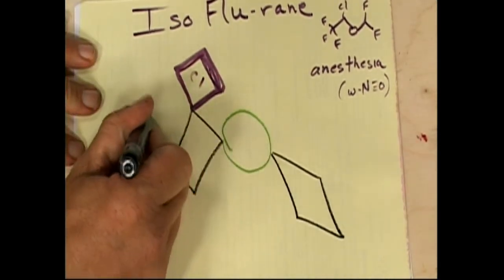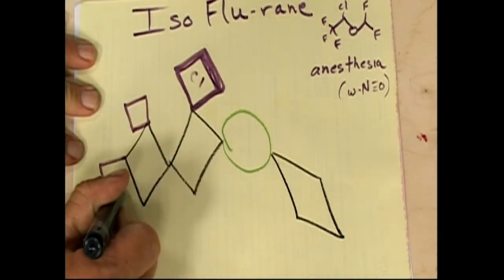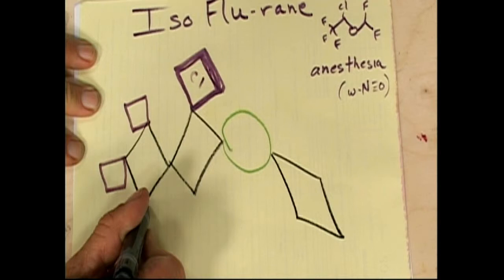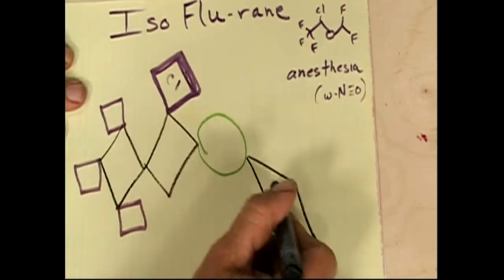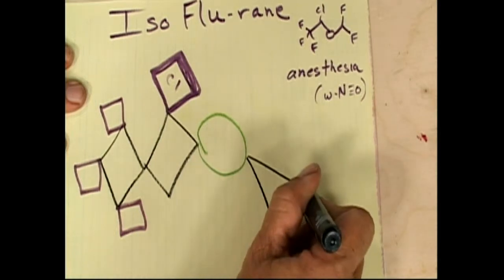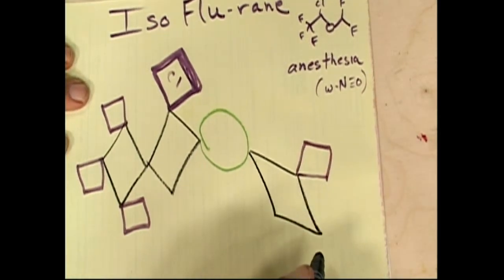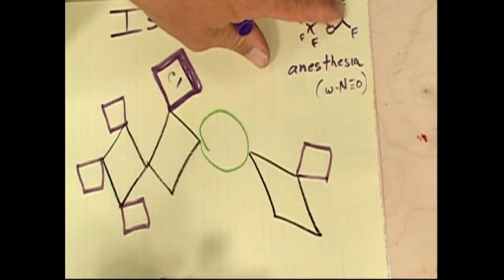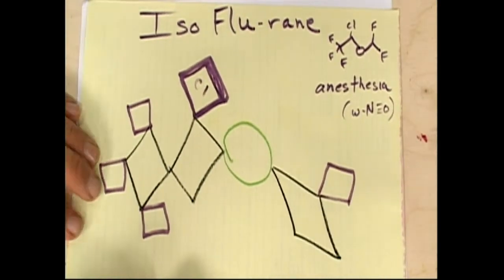This is an F, so not too big a square. Over here, F, and just has 2, but see they don't write the structure with the H's in there, so that's why we're learning this.